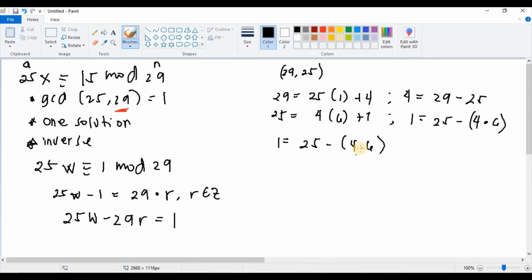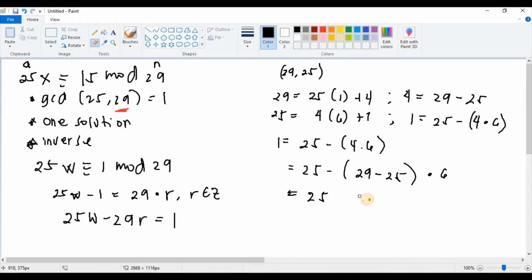Then we substitute 4 here: 25 minus the quantity 29 minus 25, times 6. Then we distribute the 6. Let's distribute the negative sign first.